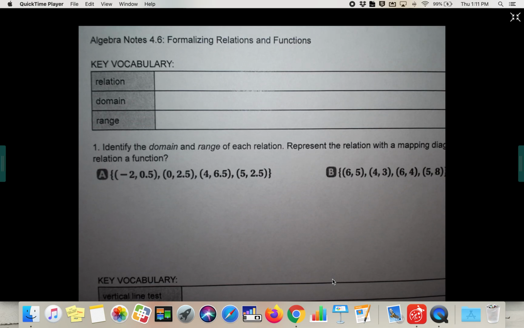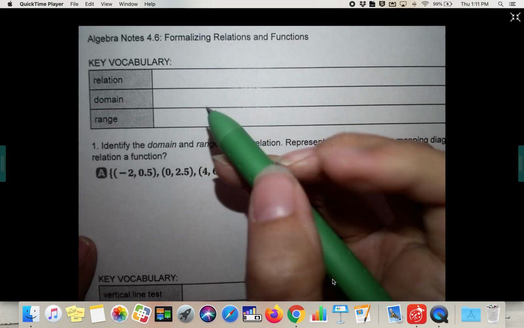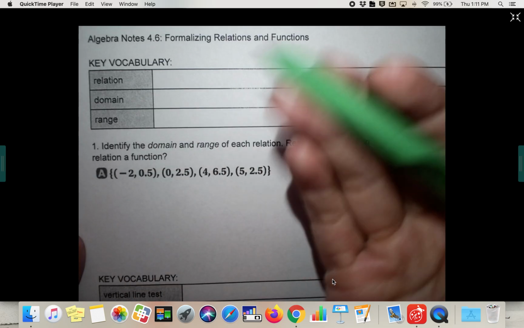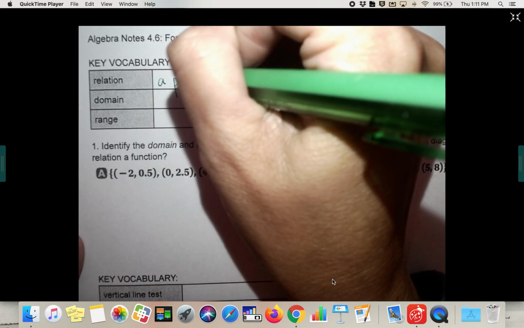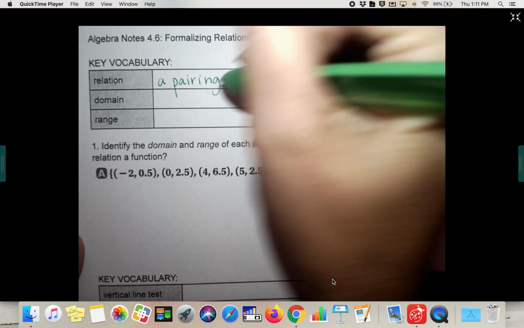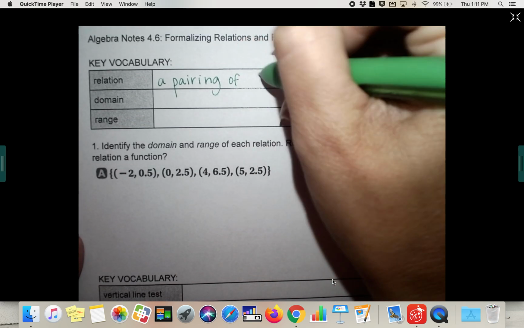Okay, for algebra notes, we are doing 4.6, which is formalizing relations and functions. So let's get some of the key vocabulary down first. A relation is a pairing of numbers in one set.